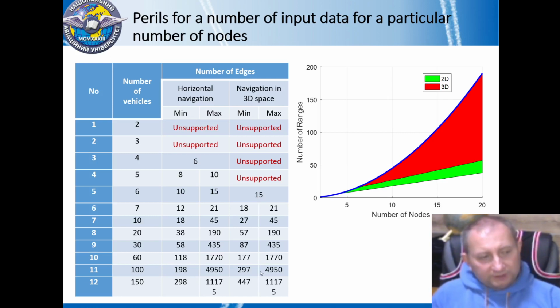However, for three-dimensional navigation, we need at least 100 vehicles, 100 edges more to be known to solve this equation in three-dimensional space.